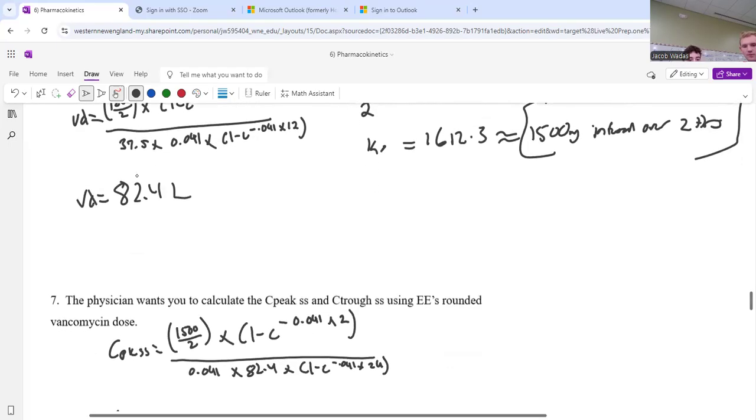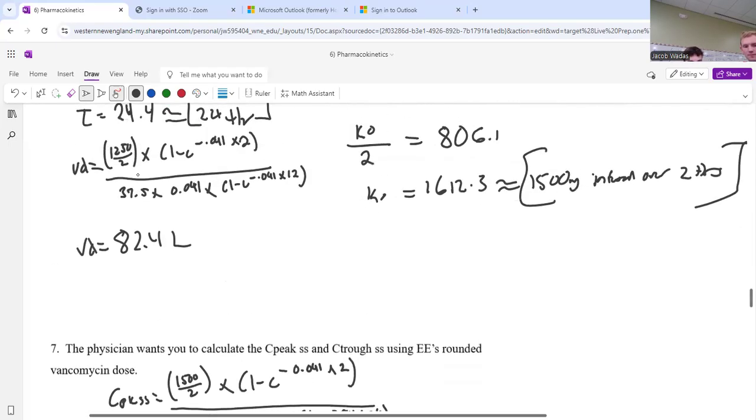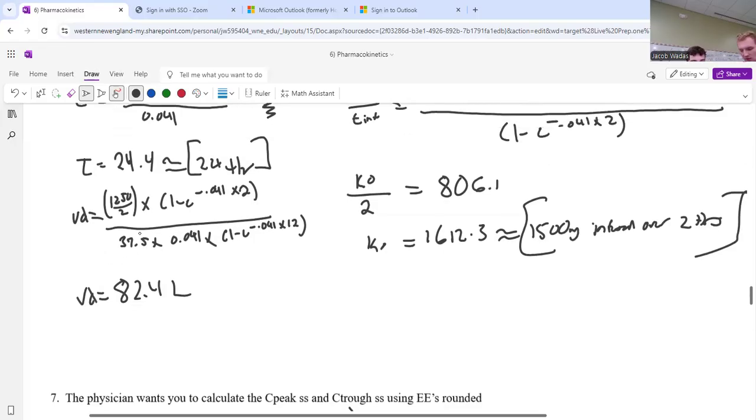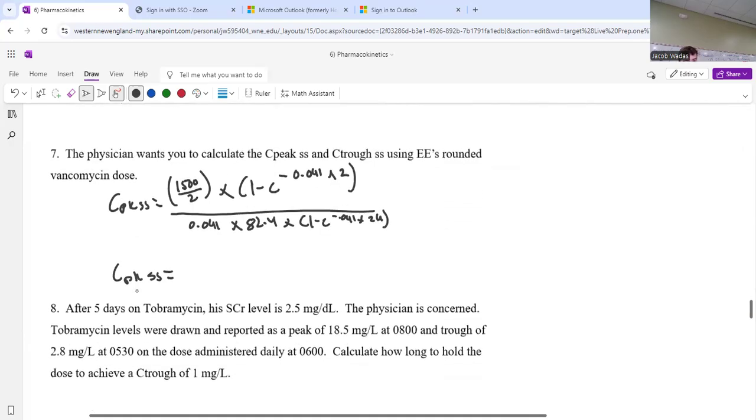Oh, okay. The correct answer. Wait, if the tau here is 24, why do you put 12? This is based on the population dosing, so it was every 12 hours. Okay, so it doesn't change when you're doing BID.